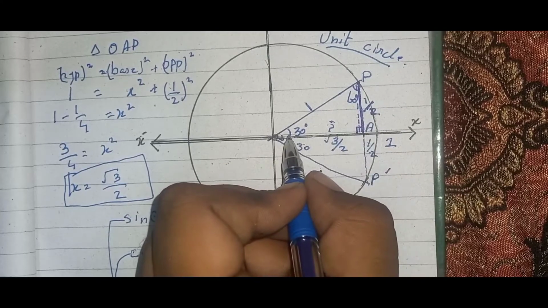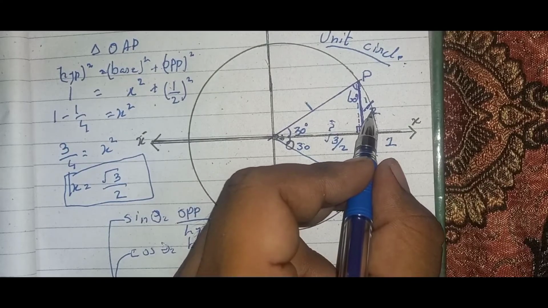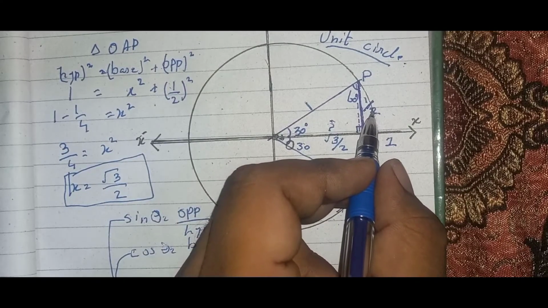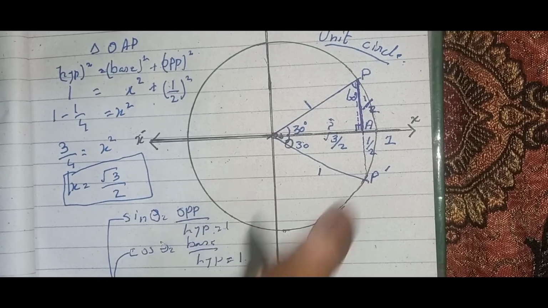The side opposite to this is our opposite side, or altitude, which is equal to 1/2. This is our base.